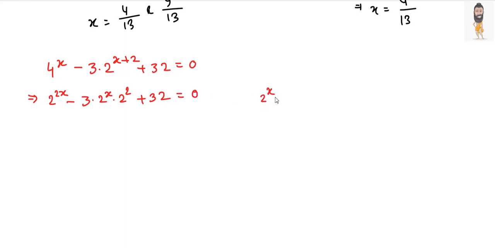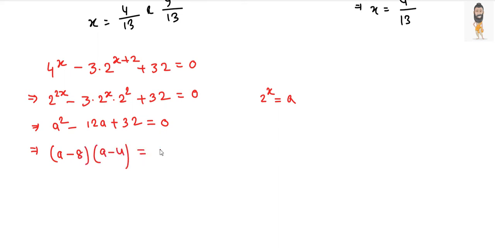Now we can consider 2 to the power x equals a. So we can write a squared minus 12a plus 32 equals 0. We get a minus 8 and a minus 4 equals 0.